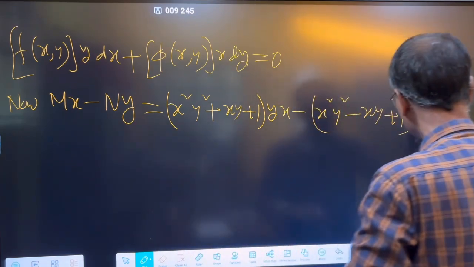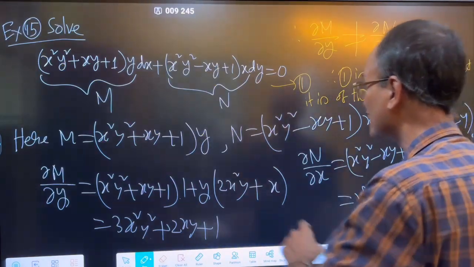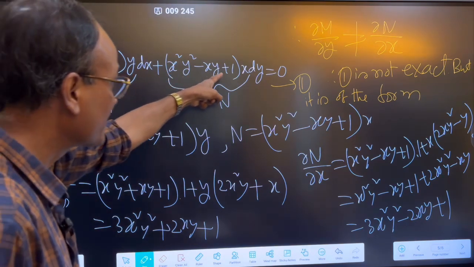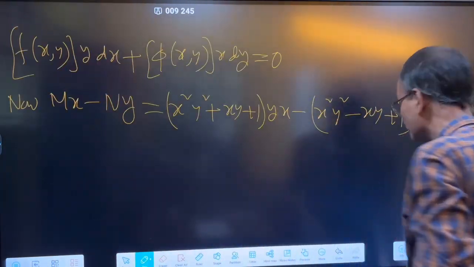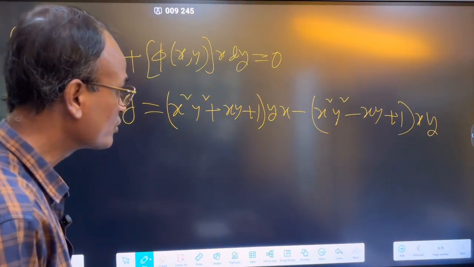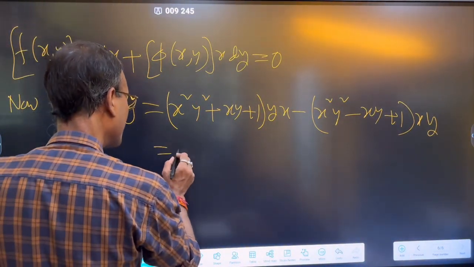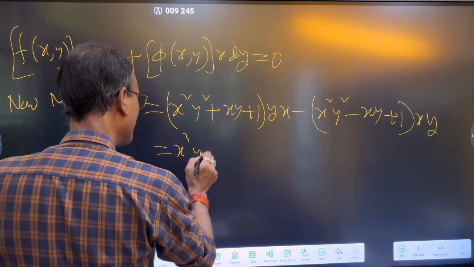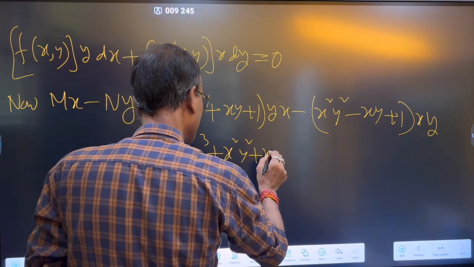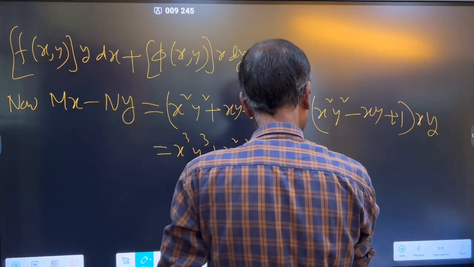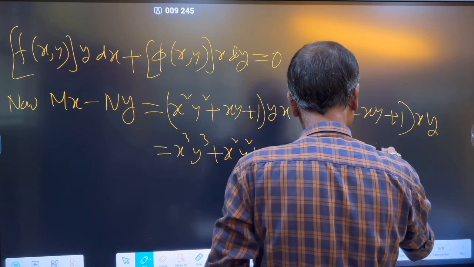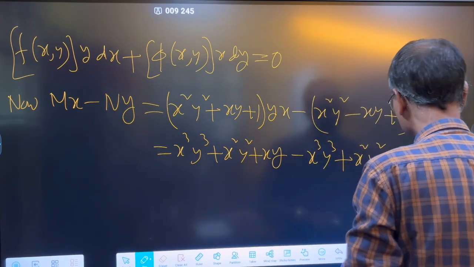Mx minus Ny is equal to this. This is equal to x cube y cube plus x square y square plus xy minus x cube y cube plus x square y square minus xy.